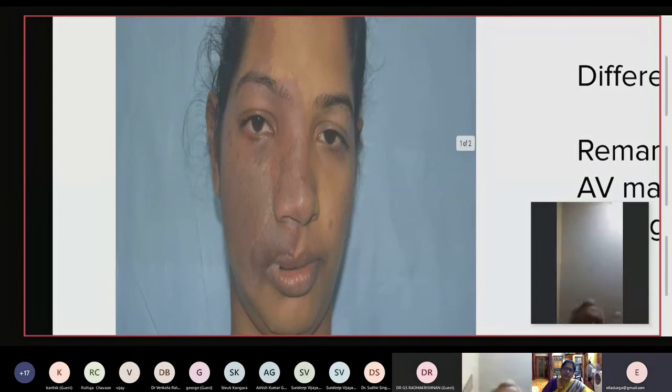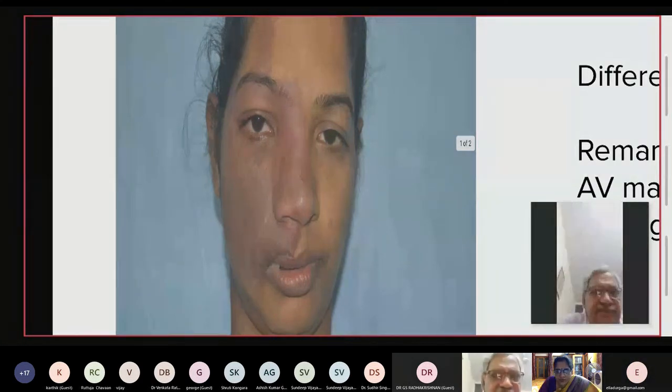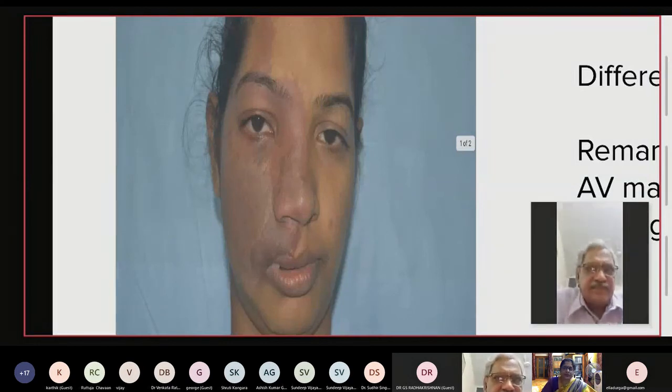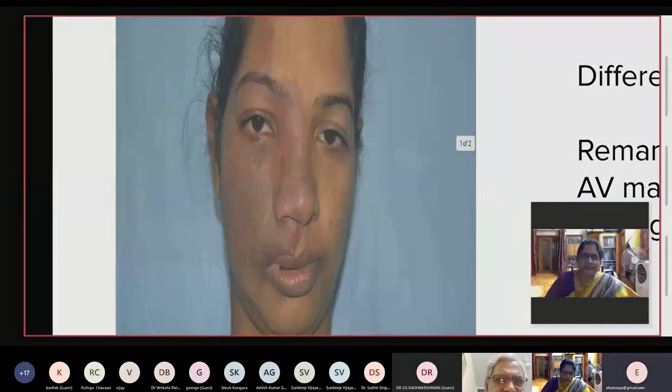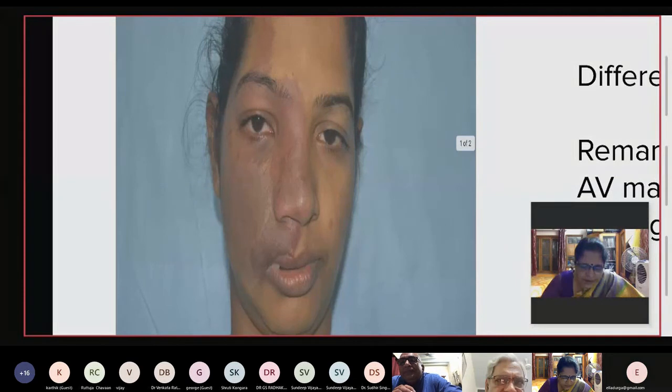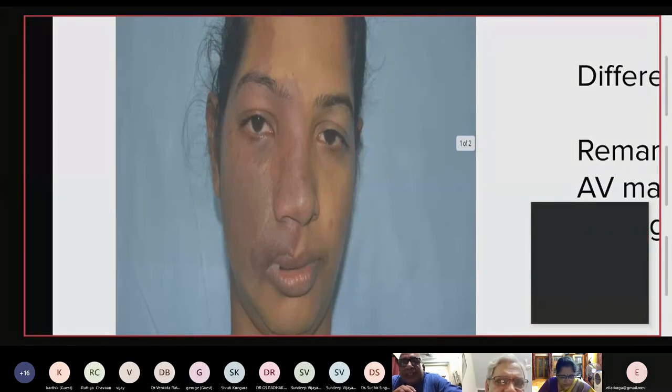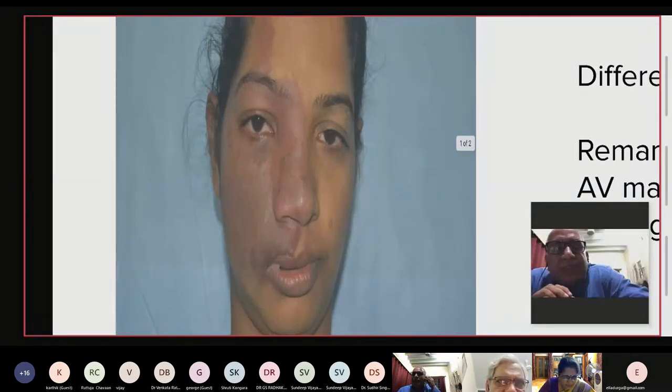Let's have the opinion of the others also. Ashish, sir. To add some, I just want to know how you excluded Sturge-Weber syndrome in this. What are the components of Sturge-Weber syndrome?